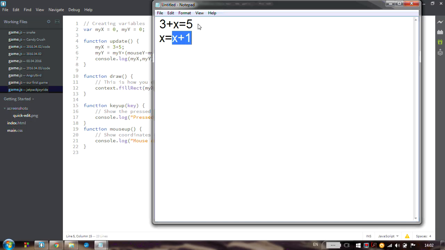Well, the only stranger number than 1 is perhaps 0. So what if x is 0? Is 0 equal to 0 plus 1? No. 0 plus 1 is 1, and 1 isn't equal to 0.